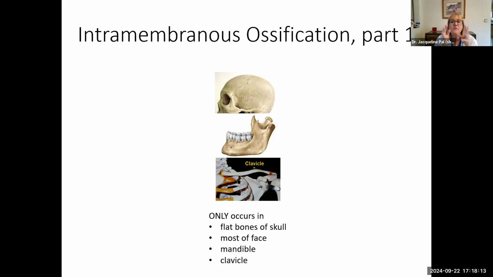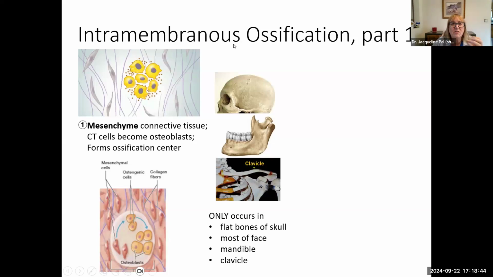Most of the bones of the face, you don't have to learn the names of the bones of the face, so just stick with the skull, the mandible, which is your lower jawbone, and your clavicle, your collarbone. These are the parts of your body where intramembranous ossification occurs. So up here, that's it. And this is the type of ossification that occurs early. It starts at week 6.